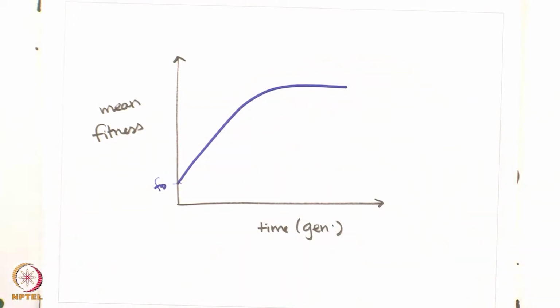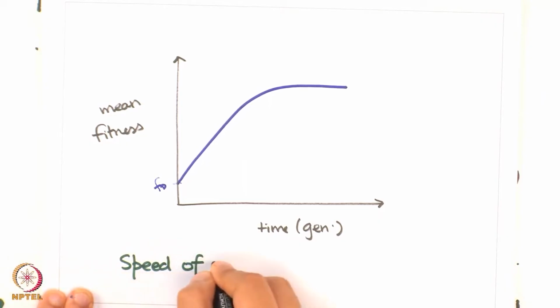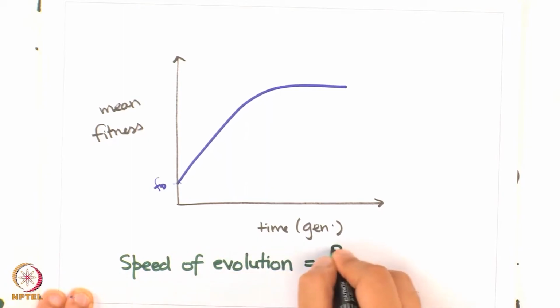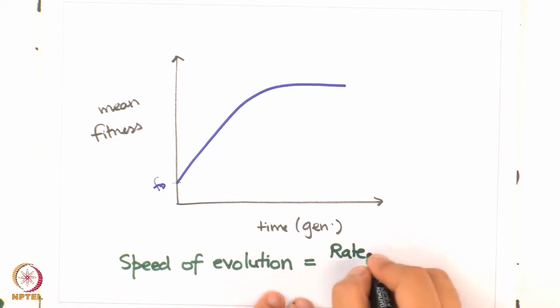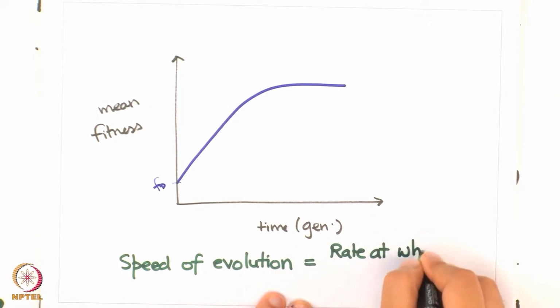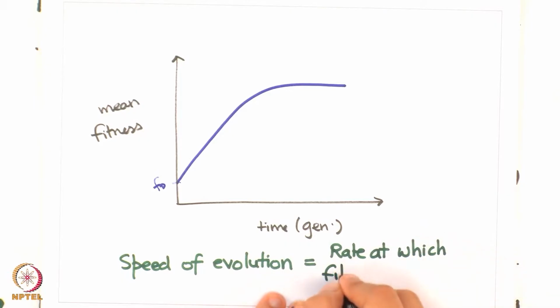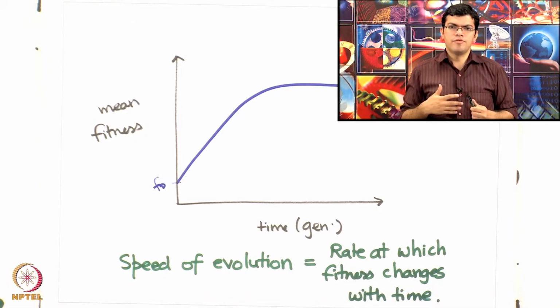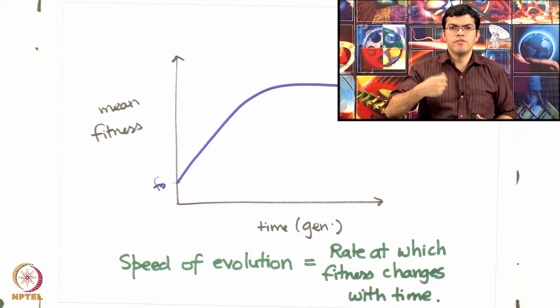And one of the ways we can define a quantity called speed of evolution is equal to the rate at which fitness changes with time. If fitness is changing very rapidly with time, that means you have rapid evolution taking place because the population is moving towards higher fitnesses in a very fast way.